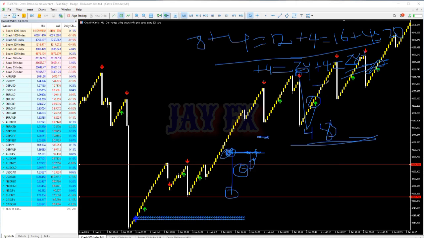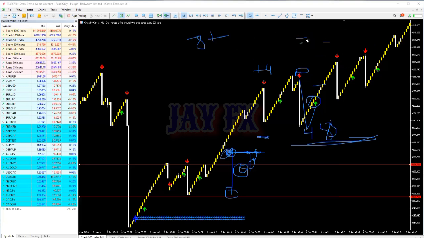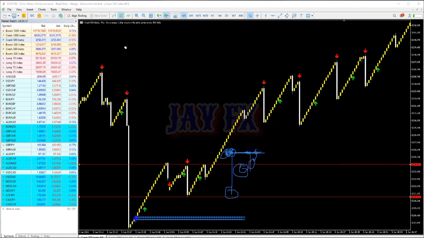After buying our 4 candles, let me just delete this because it's distracting us. We don't see clearly. Yes, I think it's here. Our 20 candles ended up somewhere around here. So now we are out.